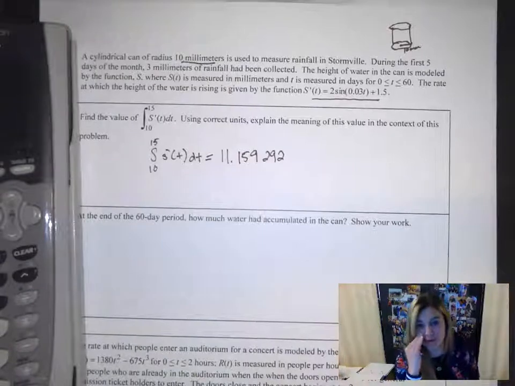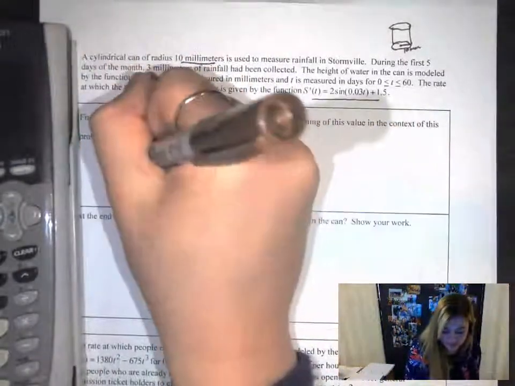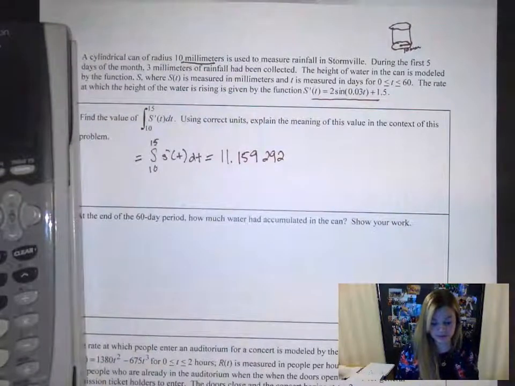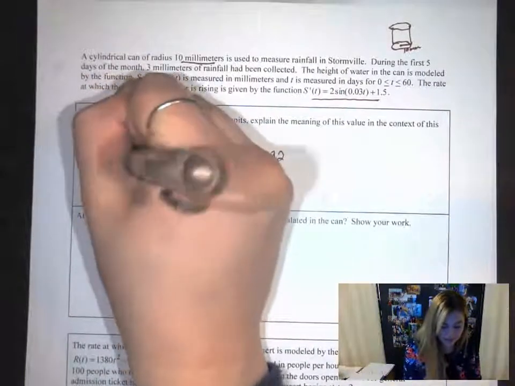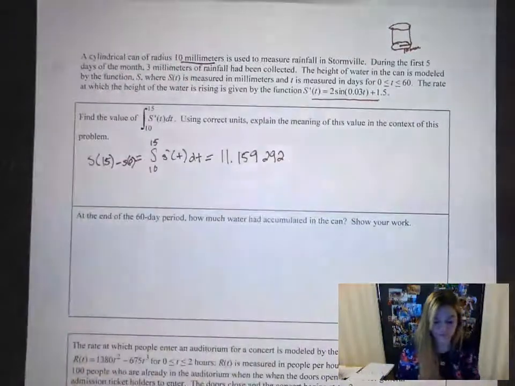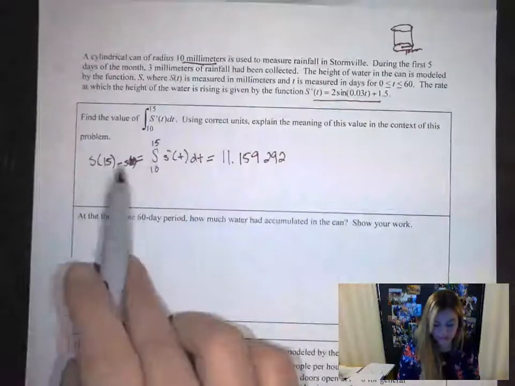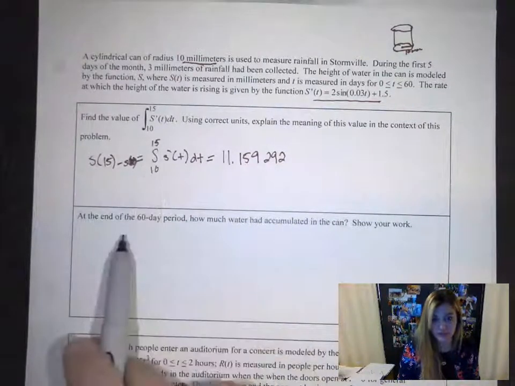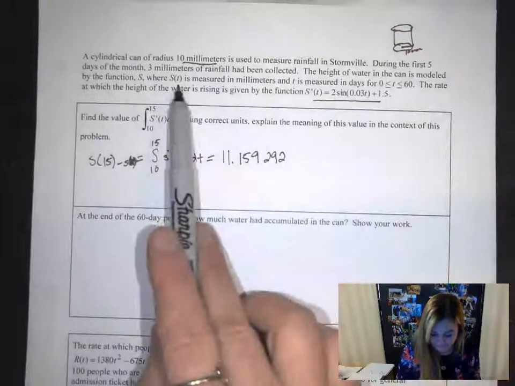We're like, okay, what does this mean? Well, remember that this, if I use the fundamental theorem of calculus, would mean S of 15 minus S of 10, because 15 minus 10. What was S again? S of t is measured in millimeters. So we know that this is going to be millimeters.